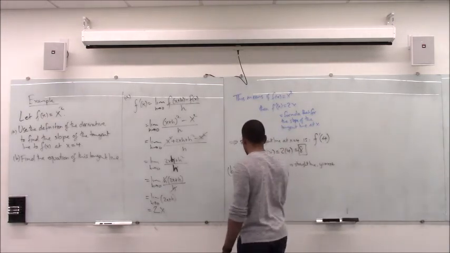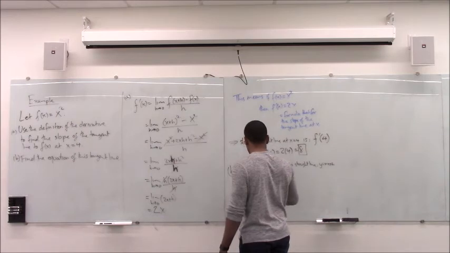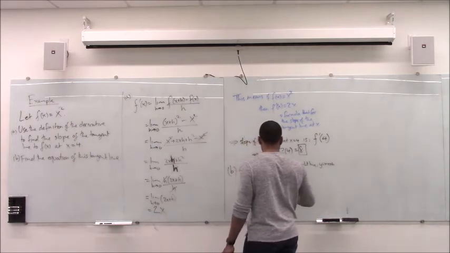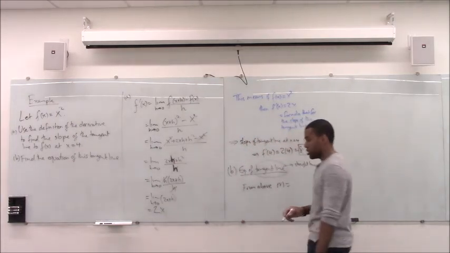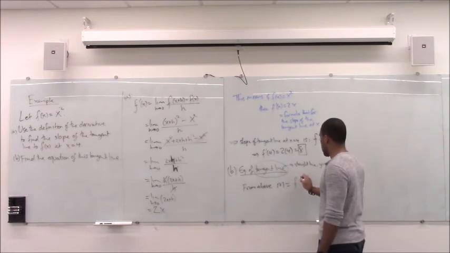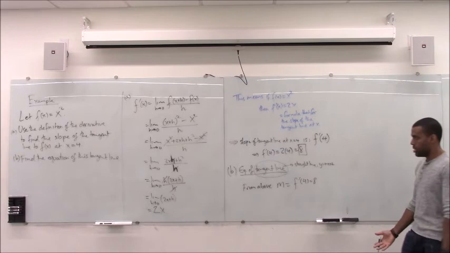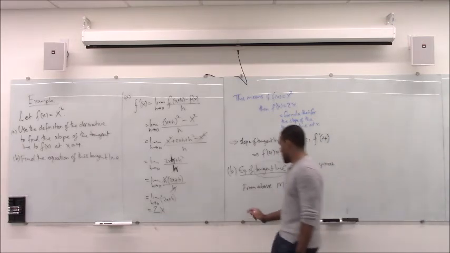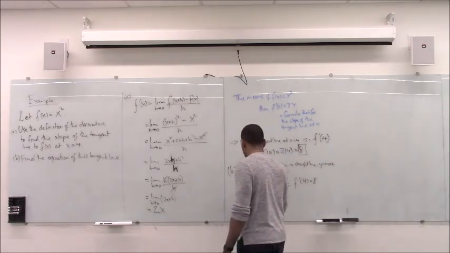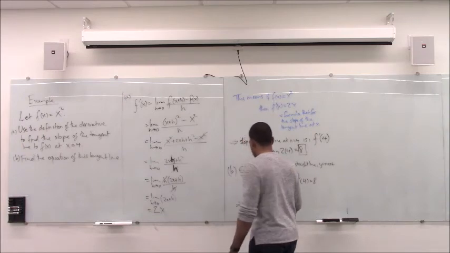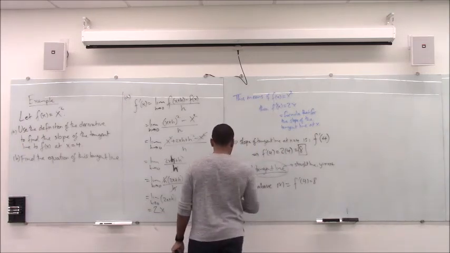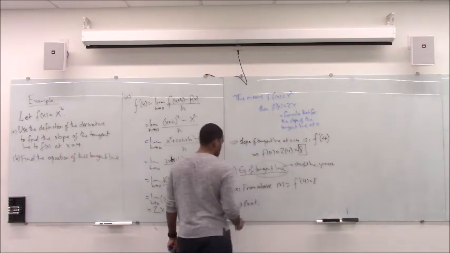So, from above, our m in this formula, which is the slope, is equal to f prime of 4, which is 8. So our slope is 8 in this case. Now I also need the point.